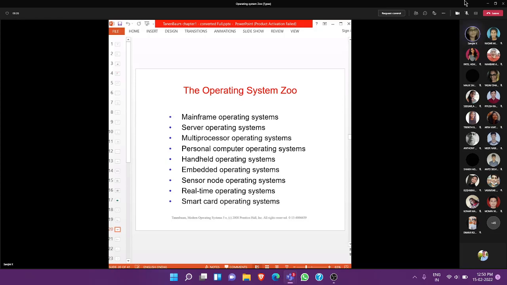The mainframe operating system will be used in high transaction based big corporate data centers. This operating system is very lengthy and very complex, created to be used in big high-end data centers, and it provides more I/O capability.